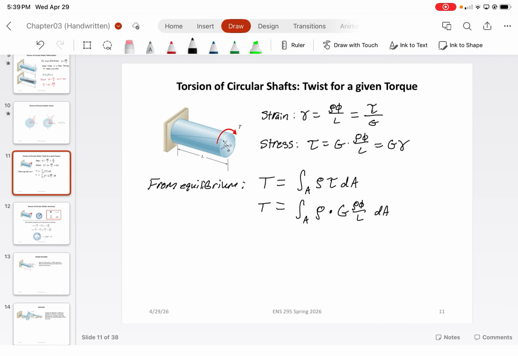You guys would agree with me, right? So we can't take rho out of the integral. But G, phi, and L, we can take out pretty easily. So T is equal to G phi over L times the integral over the area of rho squared dA.